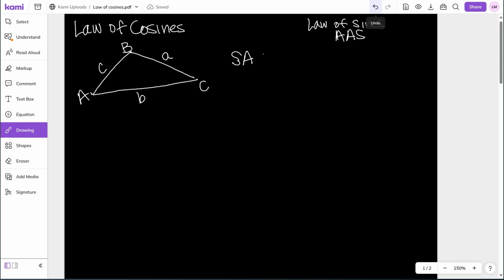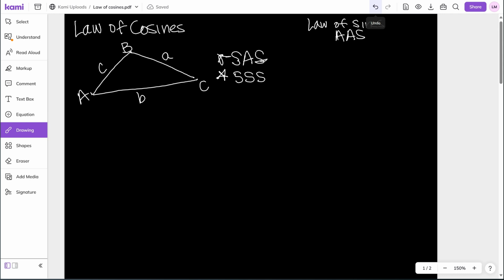And then we're also dealing with three sides. So side, side, side. So when I see those two pieces of information given, then I know that I'm using law of cosines. If you didn't learn these relationships in geometry, that's okay. Now's a good time to learn them.